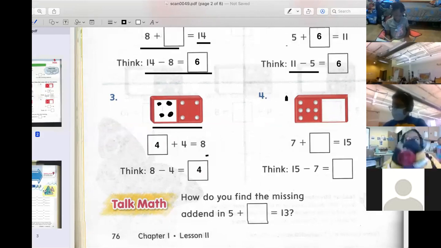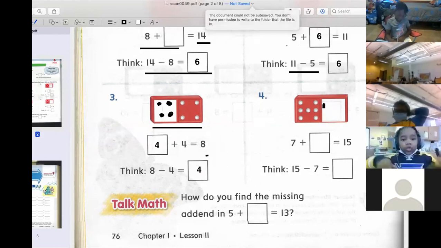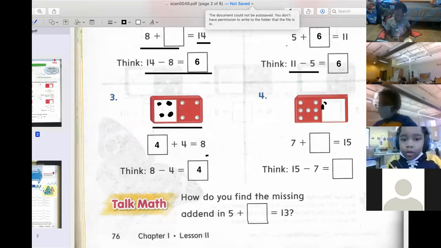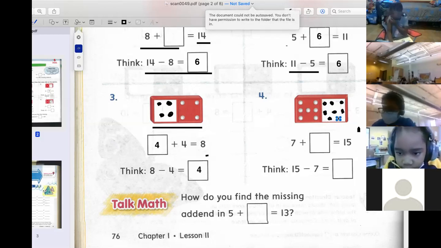That's right. Tamaya, did you do number 4 while we were waiting? No. So we're running out of time. Let's do it together. We have 7, and we have to add how much to get to 15? Or 15 minus 7 equals what? So let's count up from 7. We have 7, 8, 9, 10, 11, 12, 13, 14, 15.